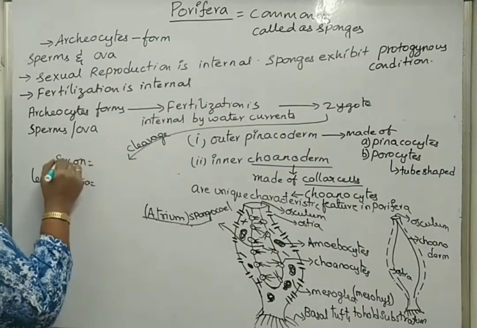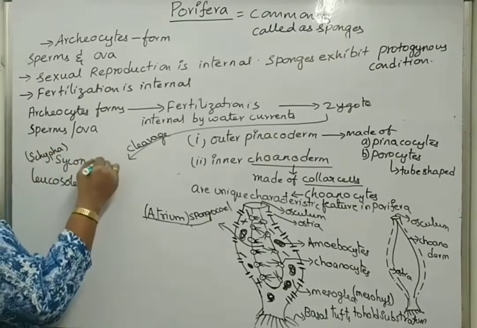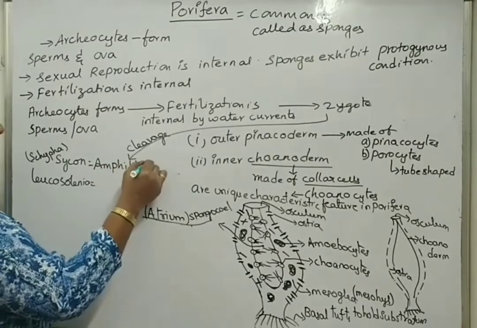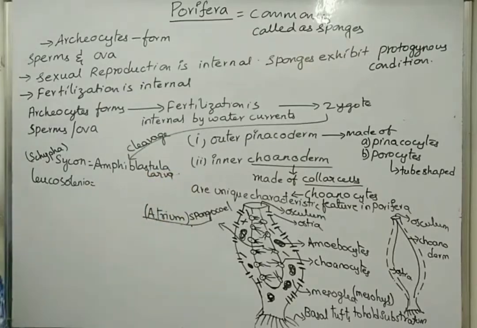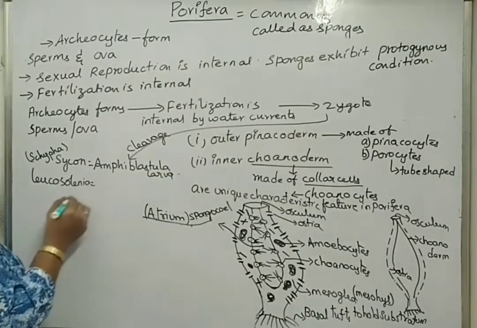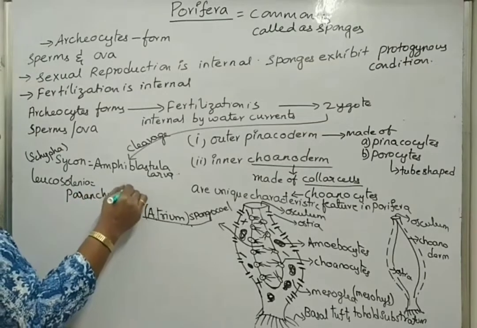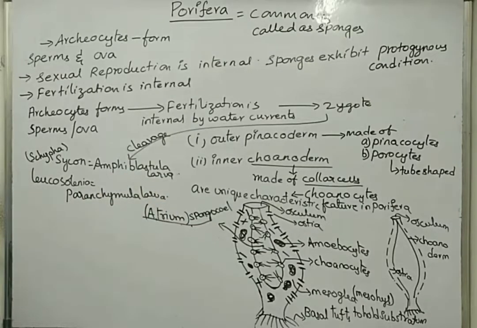Here, Sycon, which is also called Scypha, the larva is amphiblastula larva. In case of Leucosolenia, there is parenchymula larva. Next. So this is about reproduction.